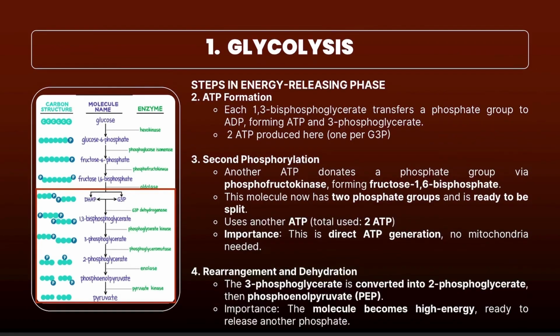Okay? So now, the cell will start to get the energy back. So again, in 1,3-bisphosphoglycerate, we have 2 G3P, right? Each of the molecules, or each G3P, will give off its phosphate group to ADP.